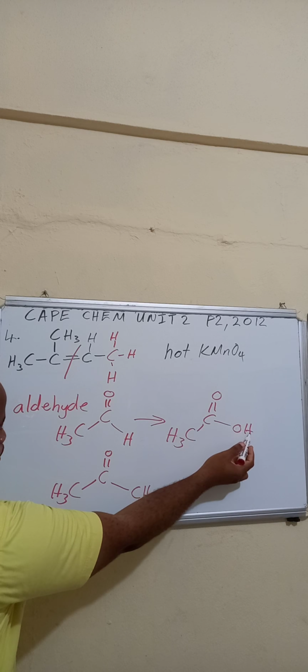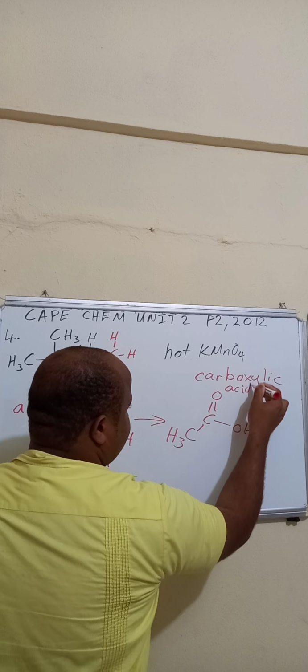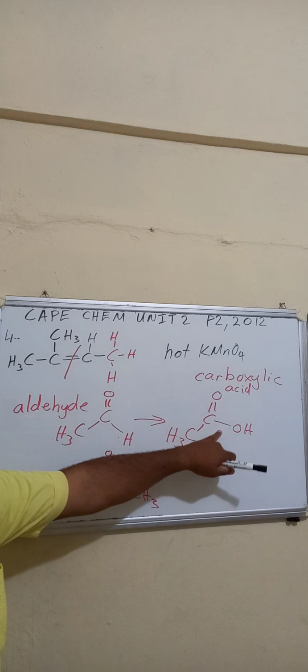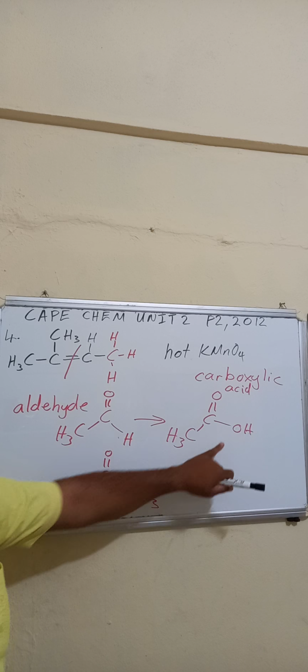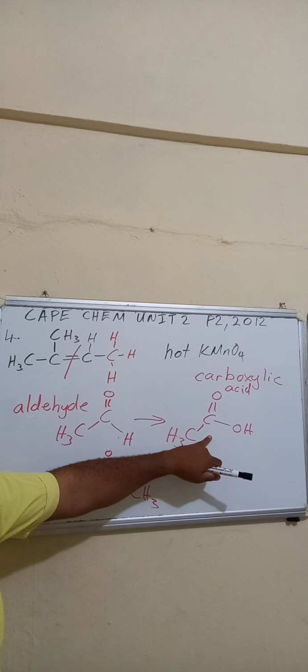So this is the carboxylic acid. Alright? So aldehyde will always be oxidized to the carboxylic acid, and it stops right there. If you get a ketone, that's it. If it's an aldehyde, it goes to the carboxylic acid.